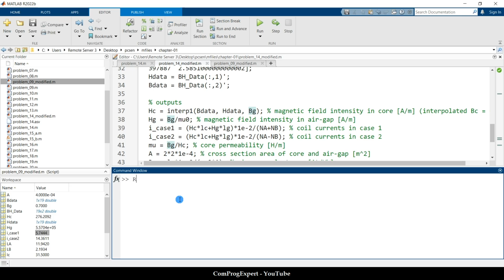Now let's consider this fraction. I want to calculate the reluctance of the gap divided by the reluctance of the core. As you can see, the air gap reluctance is 32 times higher than the reluctance of the core.